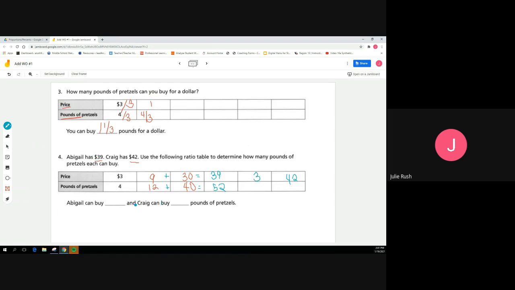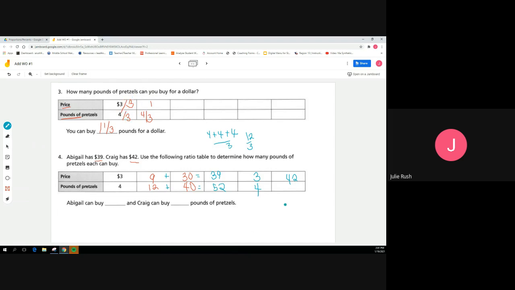And that means 3 of these would be 4 plus 4 plus 4 plus 4 over 3. 4 plus 4 is 8, plus 4 is 12. 12 divided by 3 is 4. So for $3, you get 4 pounds. We already figured that out.